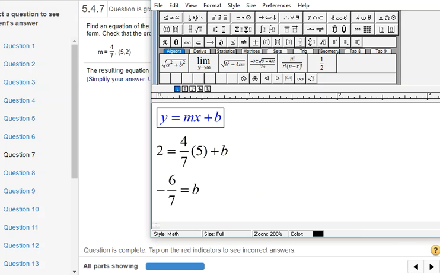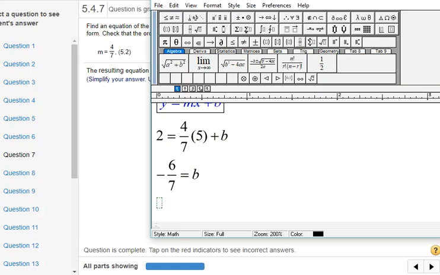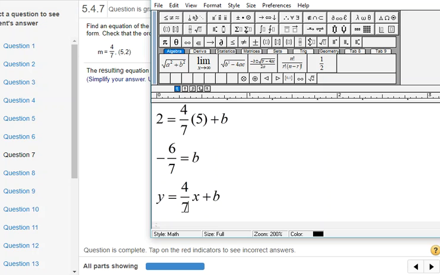All right. Now that I have the m value and the b value, y equals mx plus b becomes, remember that the m value was 4/7, and I've just found the b value, and it is negative 6/7. So instead of plus b, we'll put plus negative 6/7.